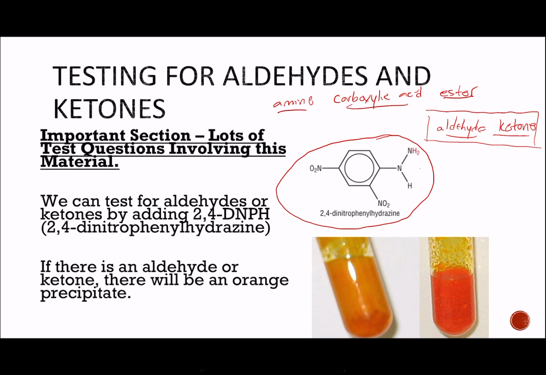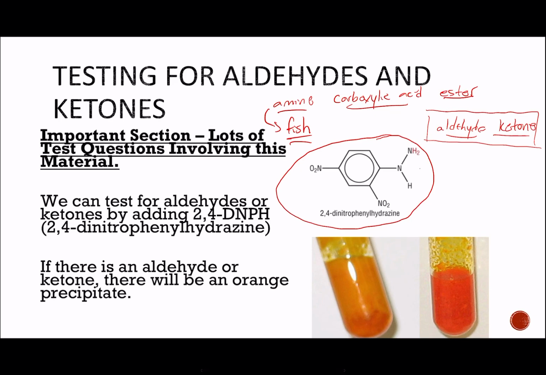So just thinking, how would I know if I have an amine? How would I know if I have a carboxylic acid? How would I know if I have an ester? What are some other ways of being able to determine? Well, it turns out that a lot of times it's not perfect, but you can use your sense of smell to help you to determine if there is a specific type of molecule, because amines, for example, smell like fish.